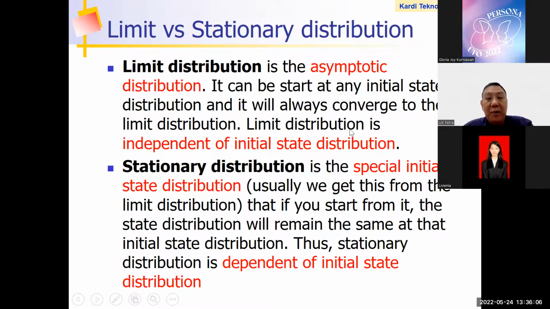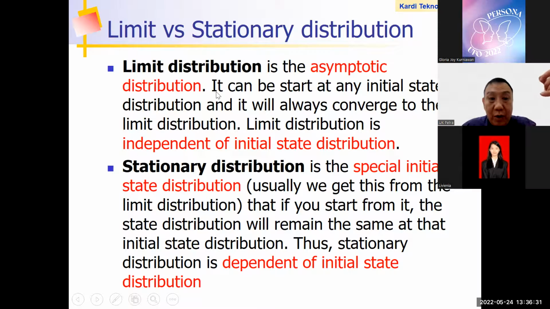That's called limit distribution. The limit distribution is independent of initial state. Whatever initial state you put, it will always converge to that limit distribution. That only depends on your stochastic matrix, your transition probability matrix.